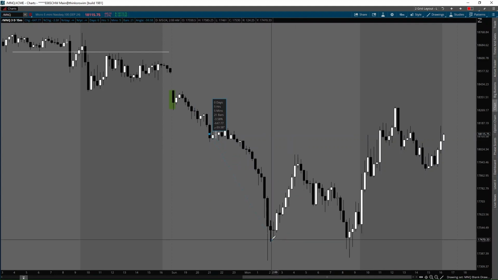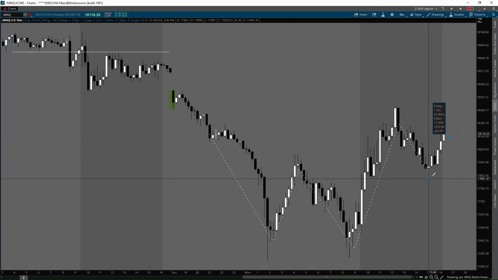there are clear patterns taking place, right? And your job as a trader is to trade those, correct?